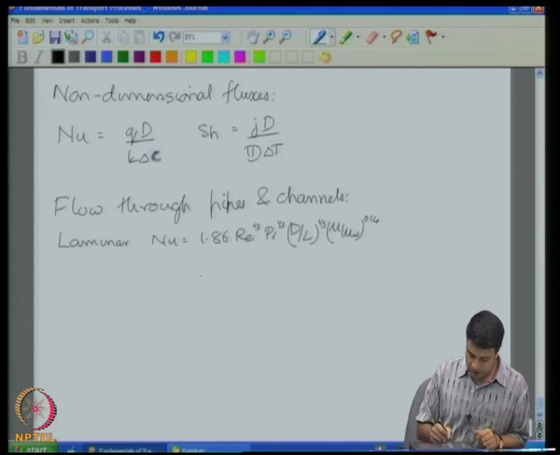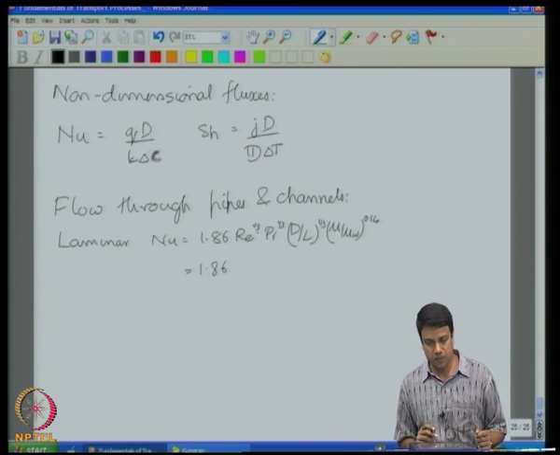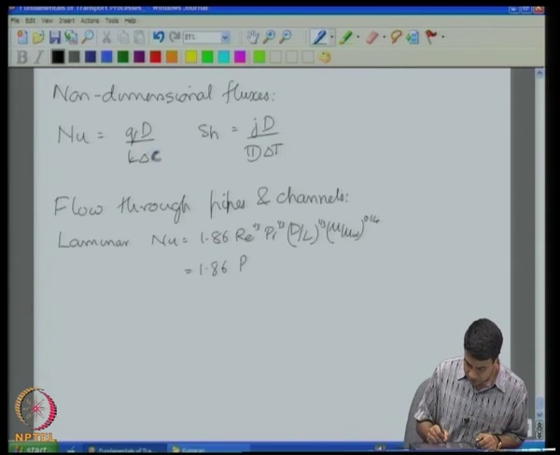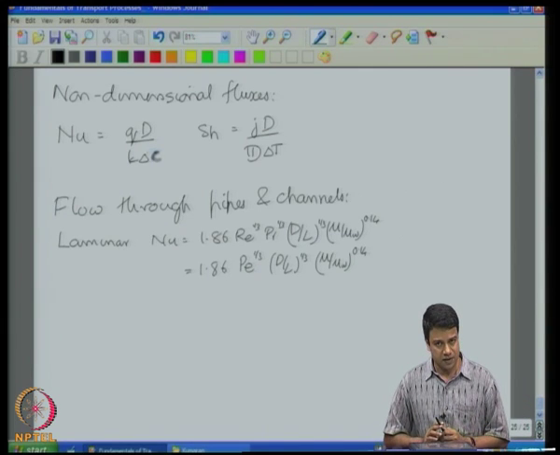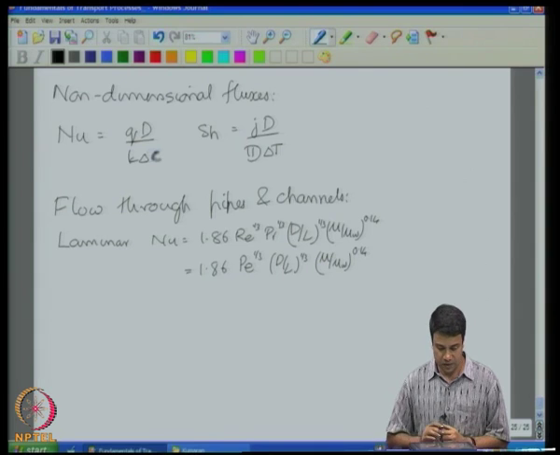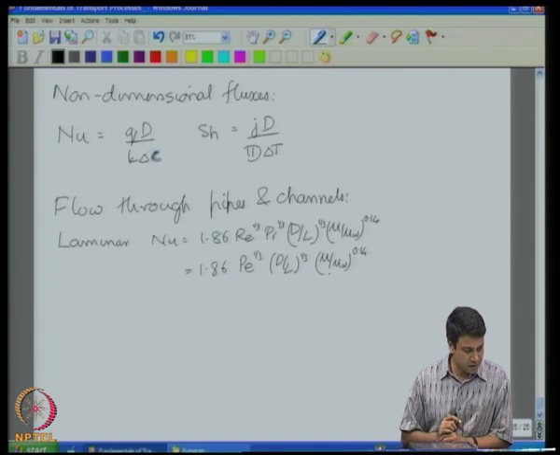First thing is I can write this whole thing as 1.86 times the Reynolds number times the Prandtl number, which is the Peclet number, power 1/3, times the correction factor power 0.14. So, the Nusselt number is depending only upon the ratio of convection and diffusion of mass. The ratio of convection and diffusion of momentum is not appearing in this correlation, apart from this correction factor that is there.